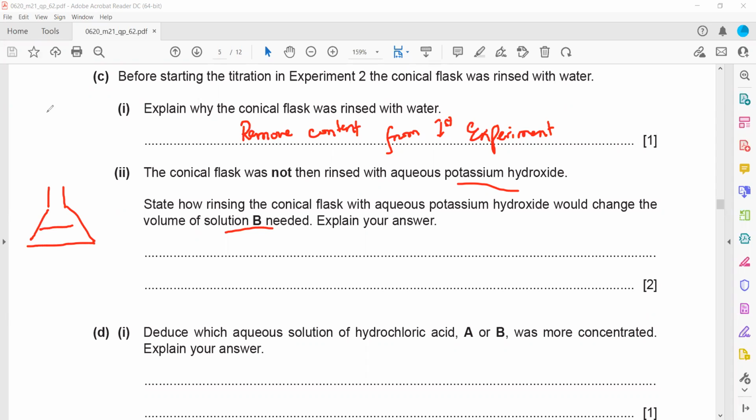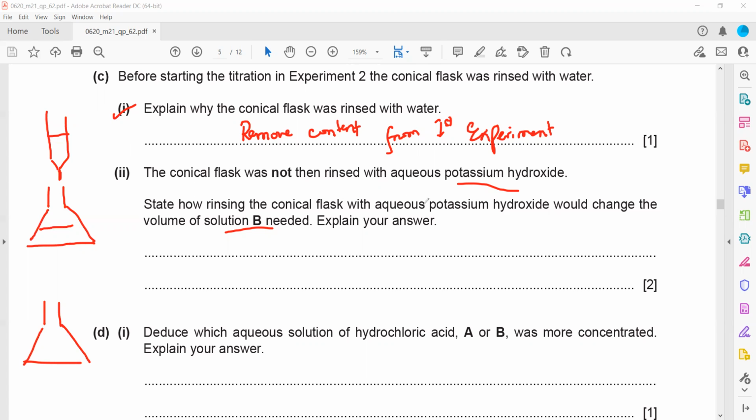We react acid with an alkali. And then we rinse with water and carry out the second experiment. So that was in part C1. But now the conical flask was not then rinsed with aqueous potassium hydroxide.